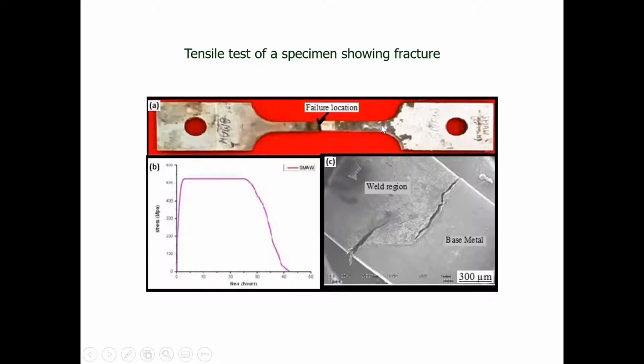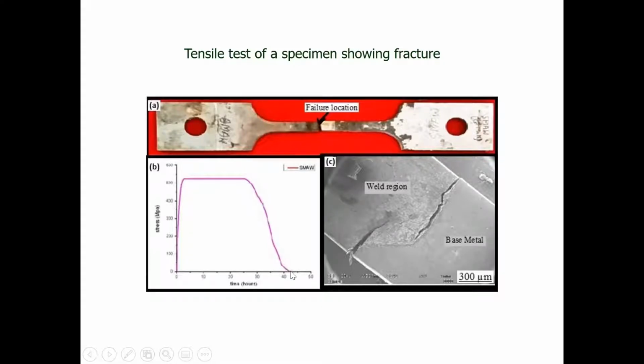And if we plot a graph, this is showing the stress versus time. If we pull it at a fixed stress over some hours, after 50 hours it starts to break. We start to form a crack even, and the stress goes down.